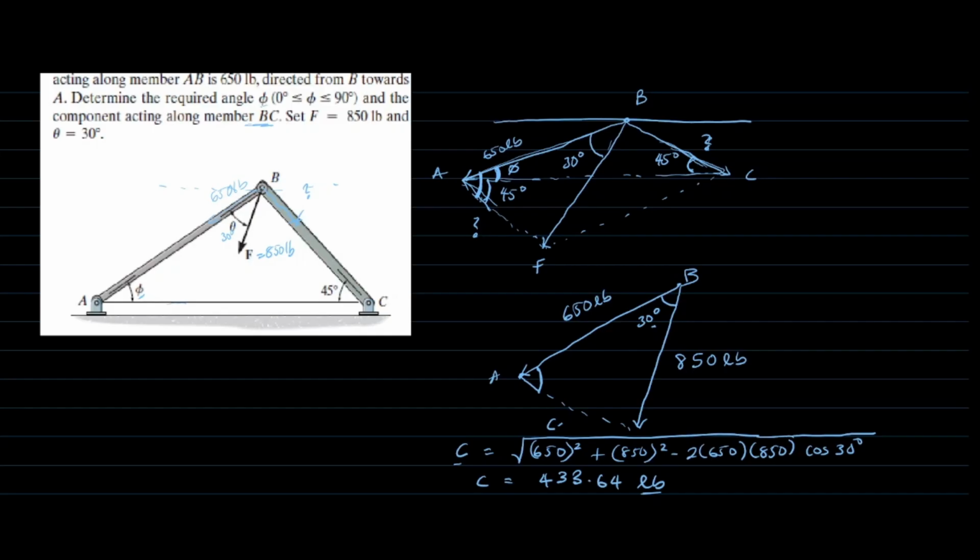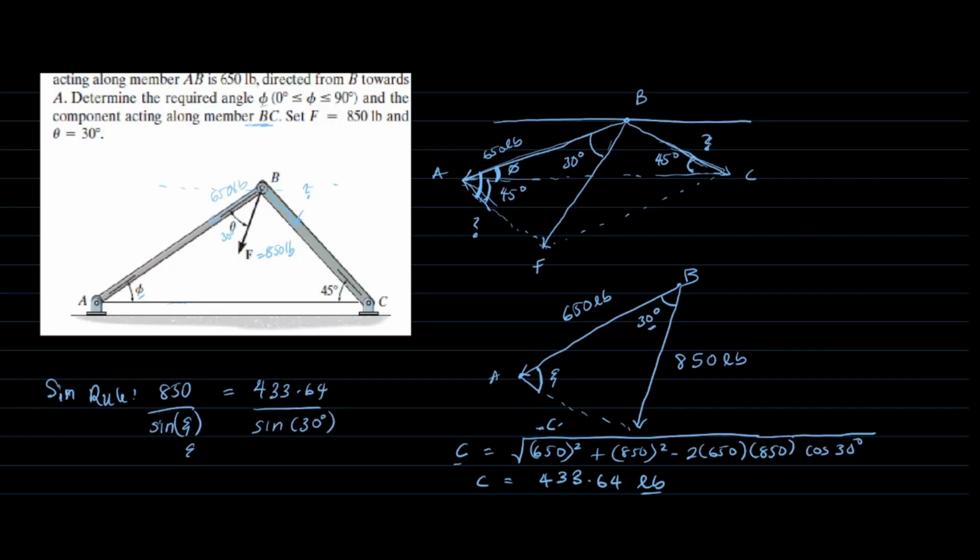In order to do that, we are going to use the sine rule. Let's say this angle should be called epsilon. The sine rule is going to be 850 over sine of the unknown angle equals 433.64 pounds over our other known angle, sine 30 degrees.